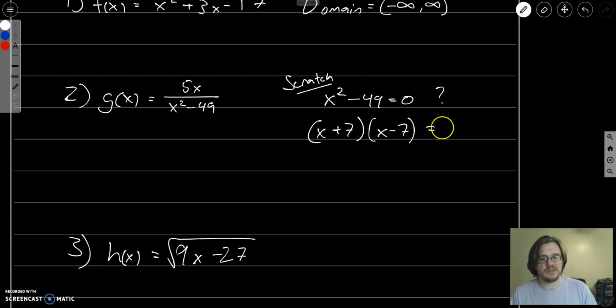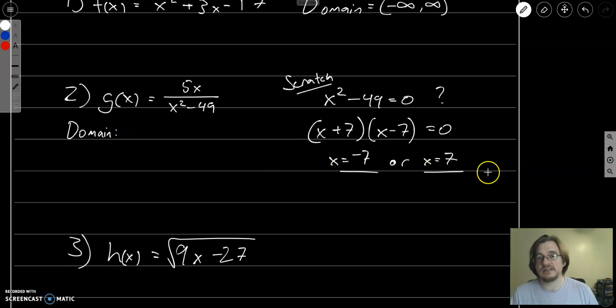It factors nicely. So when is this equal to 0? When x is negative 7 or when x is equal to 7. So the domain of this function is going to be all numbers except negative 7 and 7.